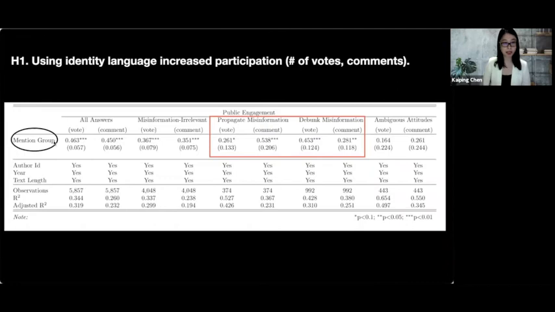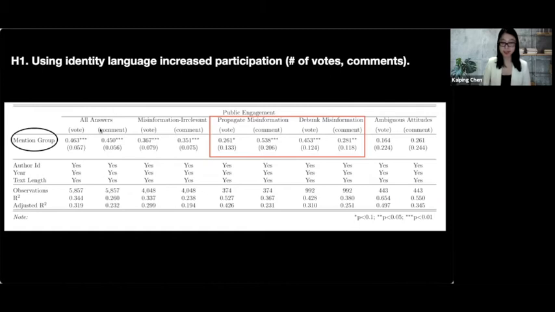Our main independent variable is mention group, and we have all of the other control variables. But here is the one showing our main variable, whether a post mentions a group or not. So we ran a linear regression between our independent variable and the dependent variable for all of the posts, which is the all-posts column you see.